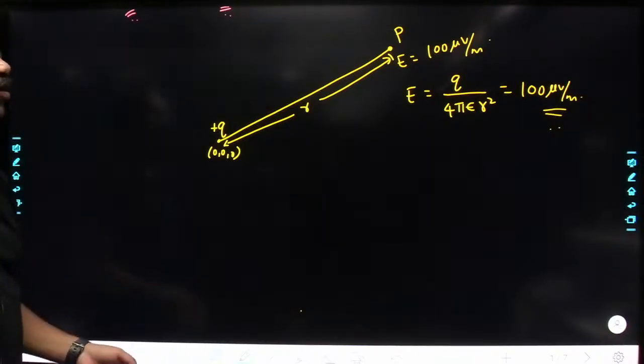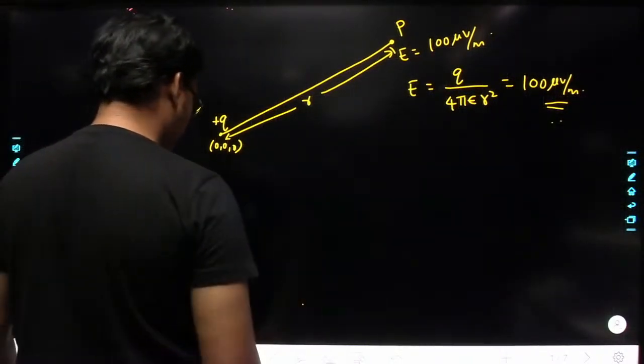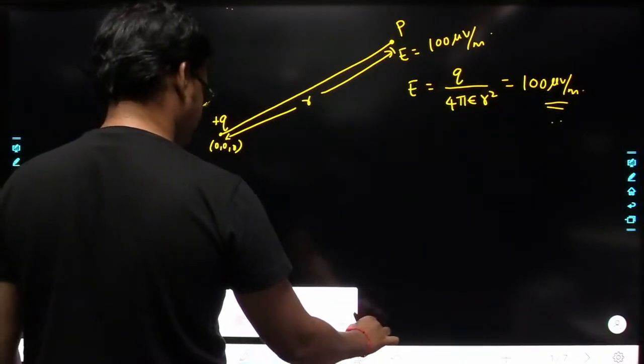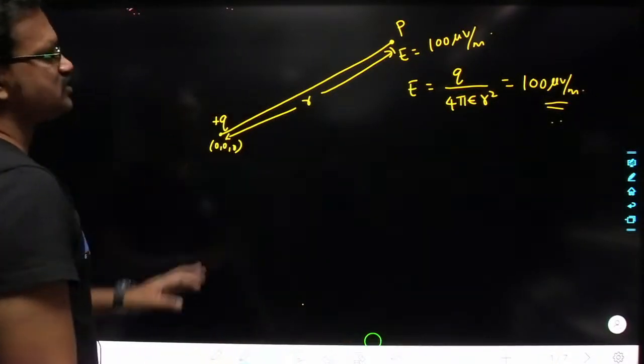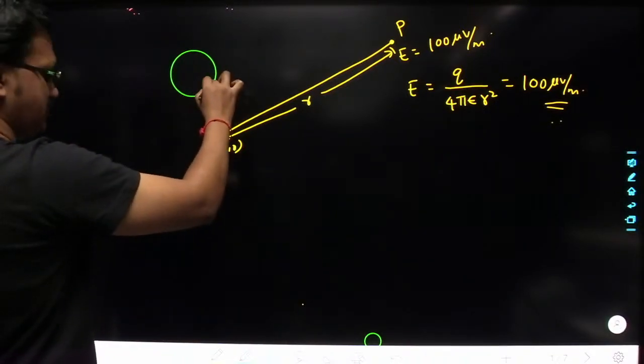So now what they have done is, they have enclosed this charge with what? With a hollow metallic conducting sphere, right?